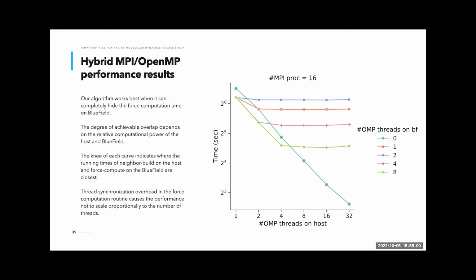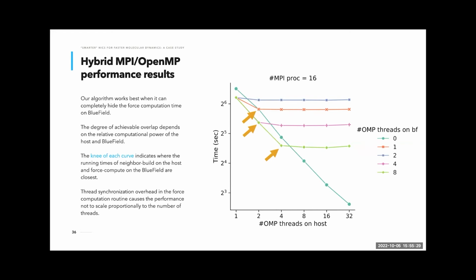By increasing the number of OpenMP threads on the host, the offload algorithm's runtime decreases and then stays constant. The knee of each curve indicates where the running times of neighbor build on the host and force compute on the Bluefield are closest.